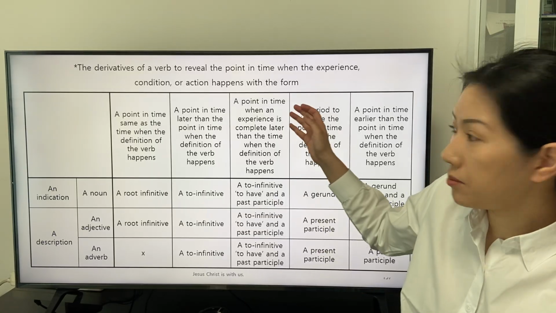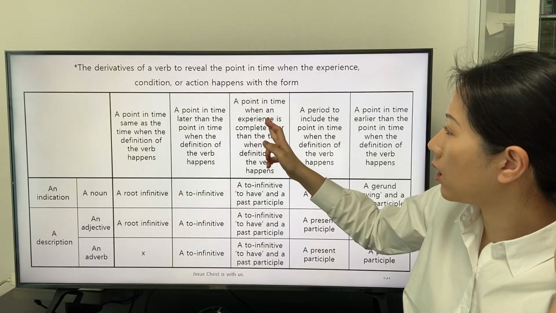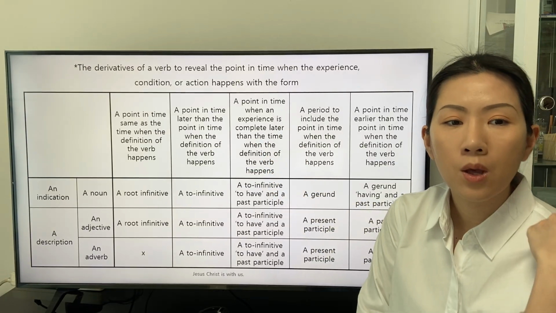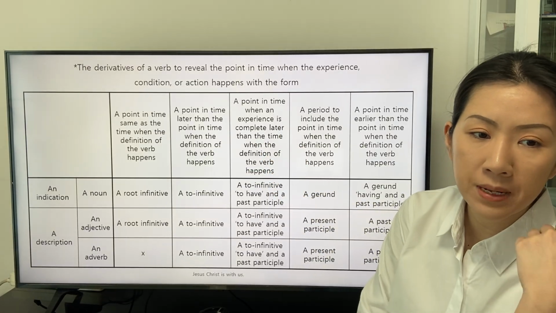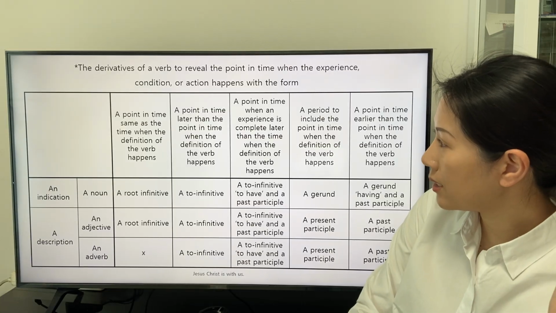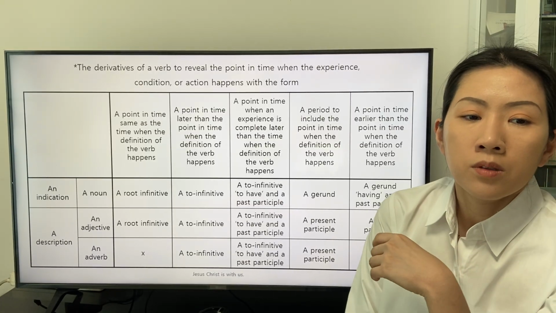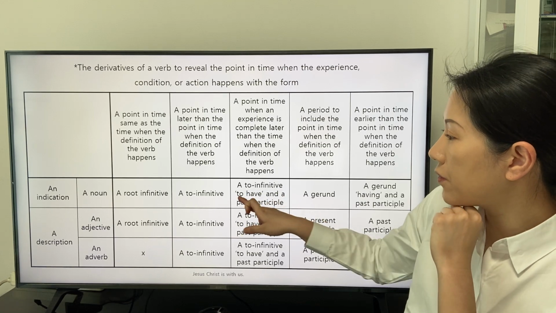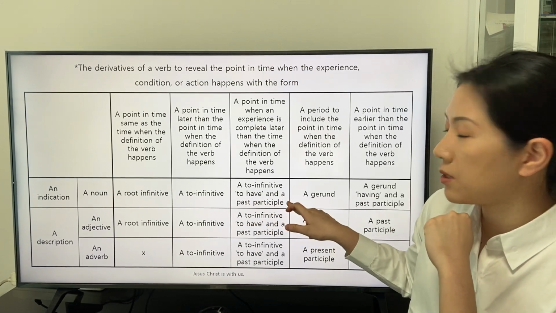In the third column, a point in time when an experience is complete later than the time when the definition of the verb happens is introduced. As an indication, a to infinitive to have and a past participle is applied.